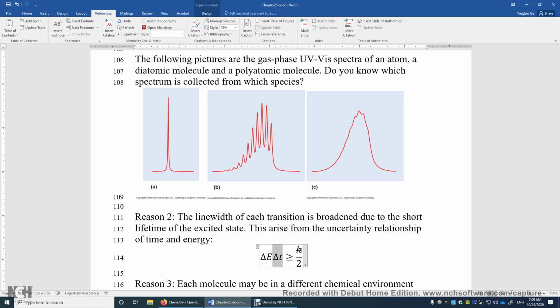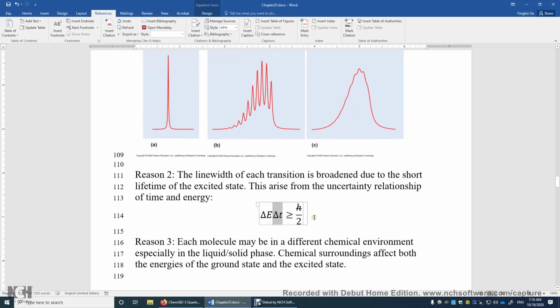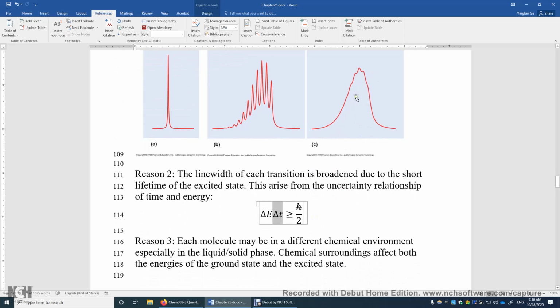Actually, that's a very large uncertainty, because 10 to the power of negative 21 joule can be converted to 100 joule per mole. So it's not negligible. So like this, you cannot see individual sharp peaks.